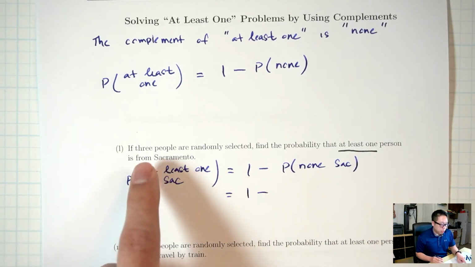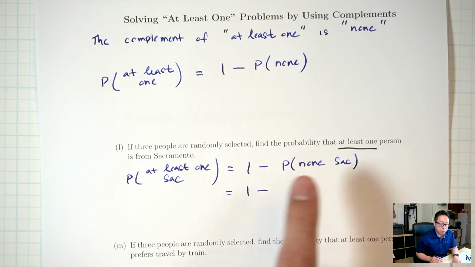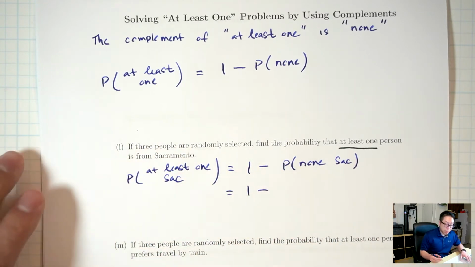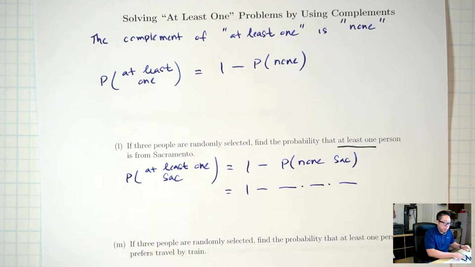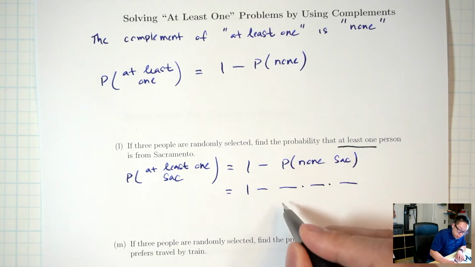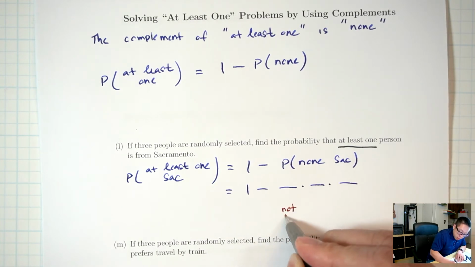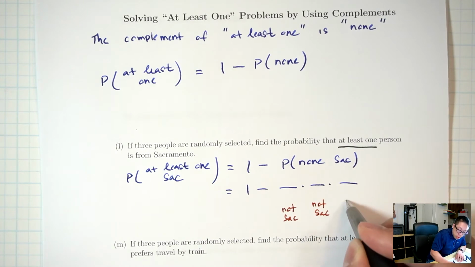So if I have 3 people, we're going to find a probability that none of them are from Sacramento. Okay, we're talking about 3 people, which means I need 3 fractions. Okay, and 3 people, none of them from Sacramento means that the first person is not Sac, the second person is not Sac, and the third person is not Sac.